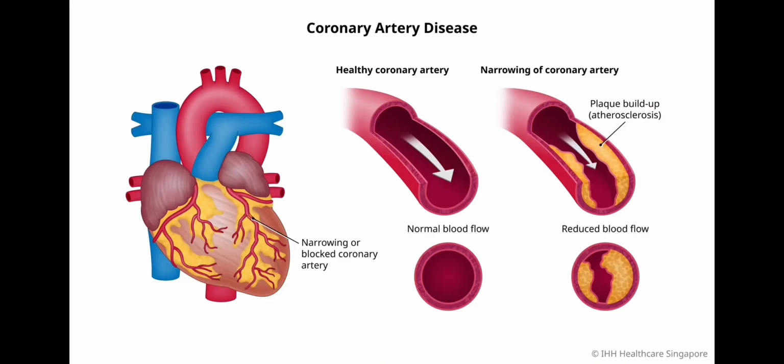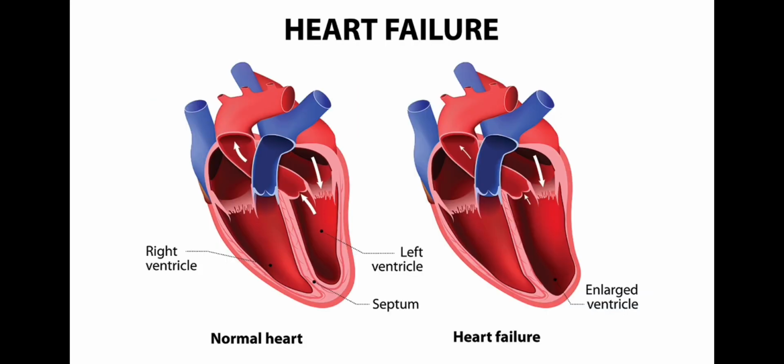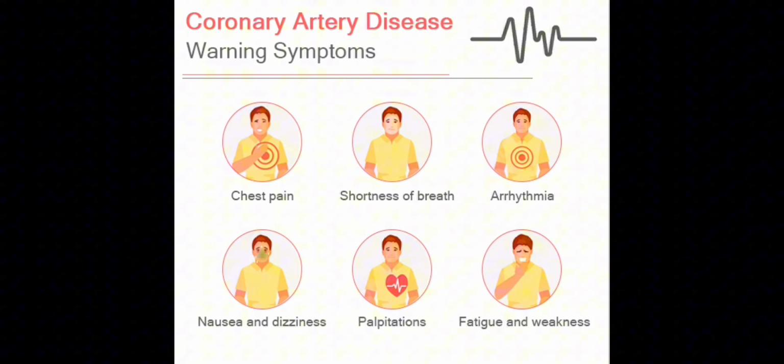2 medical conditions about the cardiovascular system that I have chosen are CAD and heart failure. The signs and symptoms of coronary artery disease, known as CAD, are exhaustion, chest discomfort, which is angina, and shortness of breath.